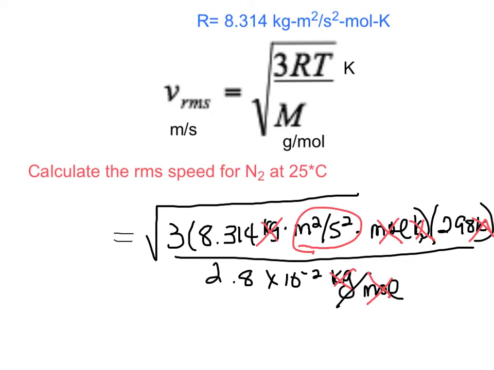Then we will end up with our units in meters per second. And when we solve, you get 5.15 times 10 to the second meters per second, which would be 1,150 miles per hour.